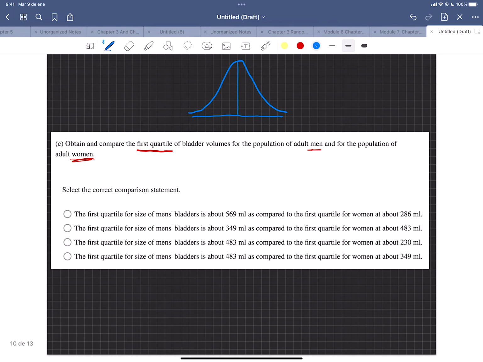The quartile, Q1, has 25% to the left and 75% to the right.